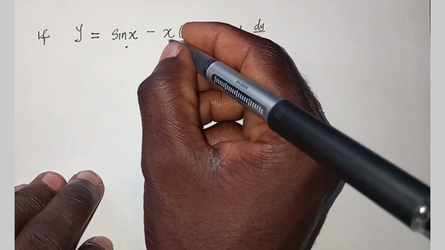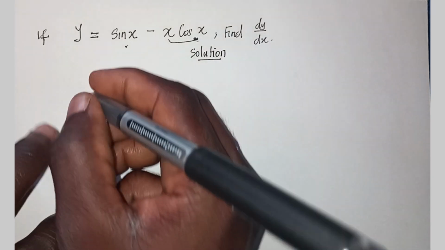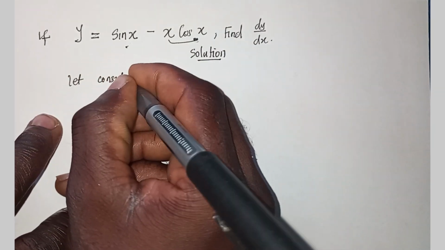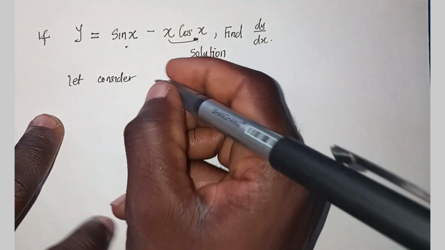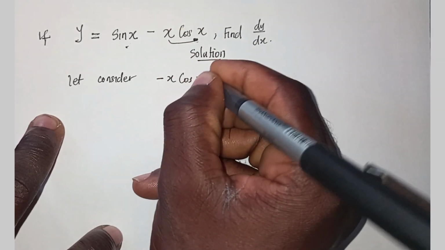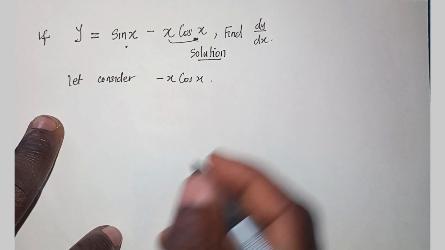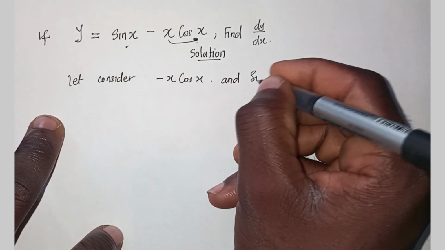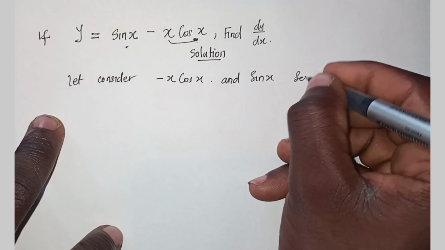Now let us first consider minus x cos x separately and sin x separately.